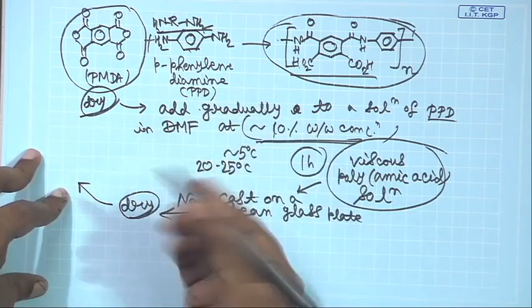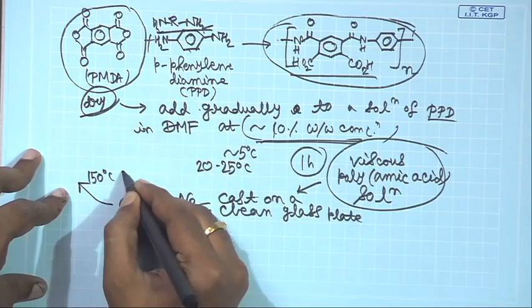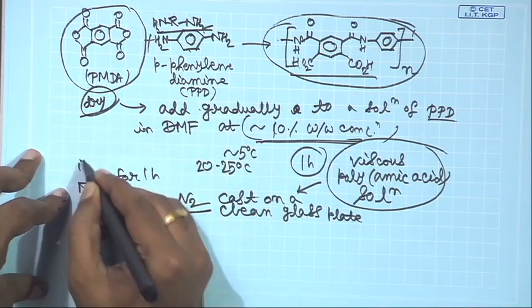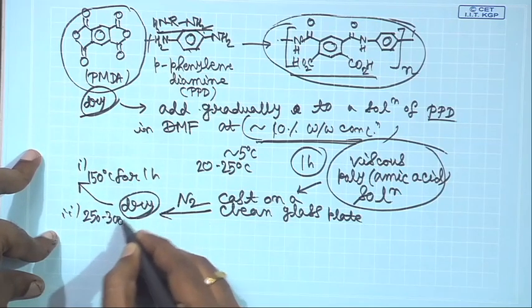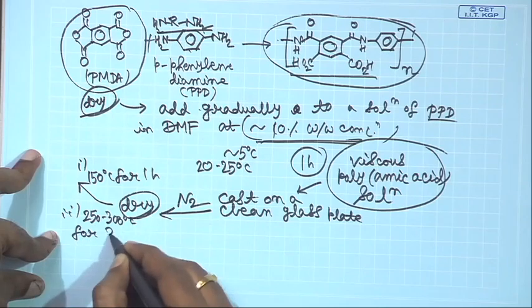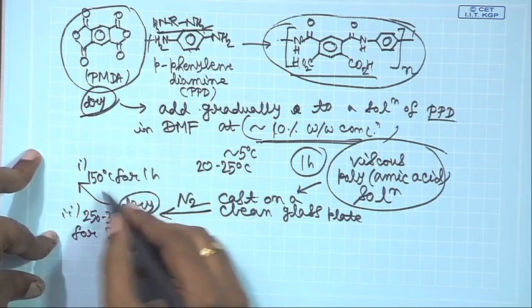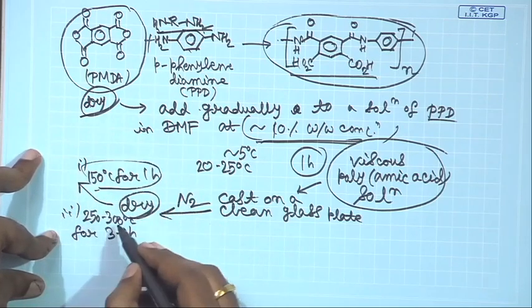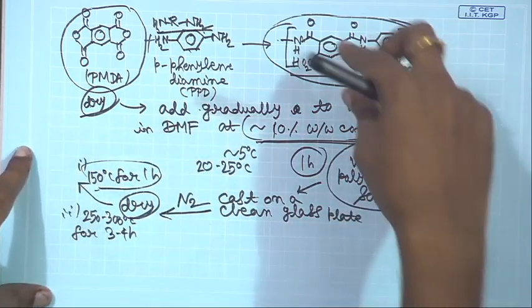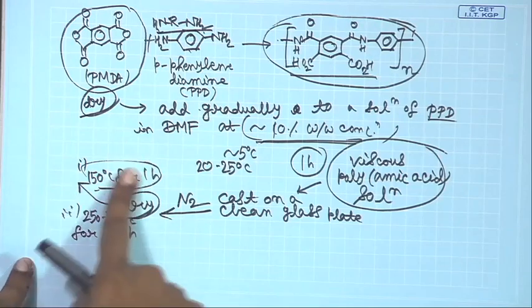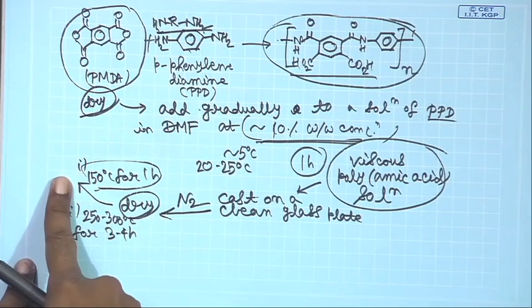Specifics are there, of course. Initially you heat at 150 degrees Celsius for 1 hour, and then you are heating at 250 to 300 degrees Celsius for 3 to 4 hours. As far as I am concerned, remembering these specific things is not important. What is important is the whole process. So, you see here it will cyclize and it will form the polyimide.